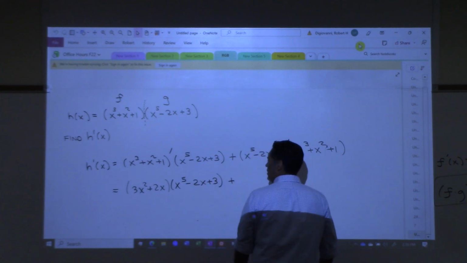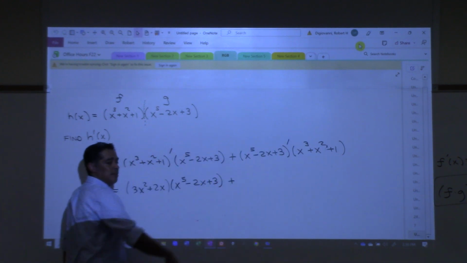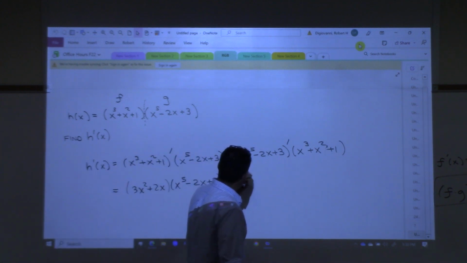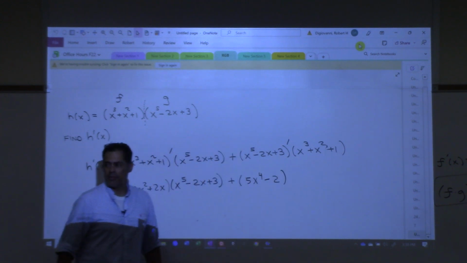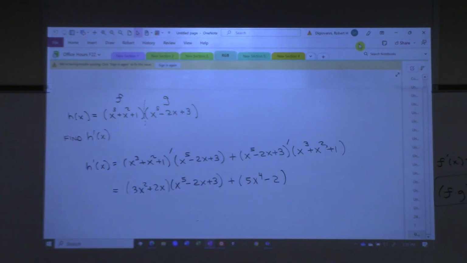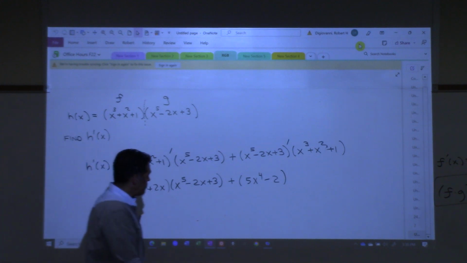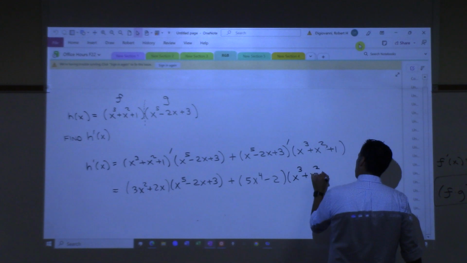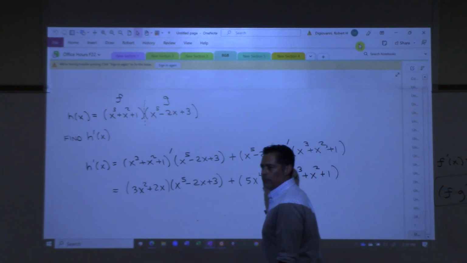Now, plus, now the derivative of this, which again, I can just use my rules. So 5x to the fourth minus 2, right? That's the derivative of that piece. And there were 2 terms, so I put it in parentheses. And then I do my x cubed plus x squared plus 1. Okay?